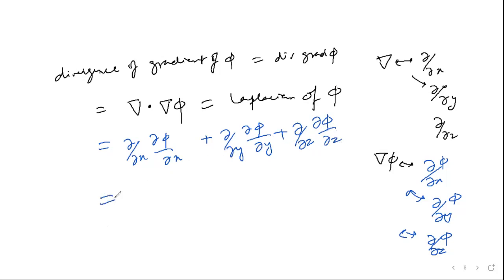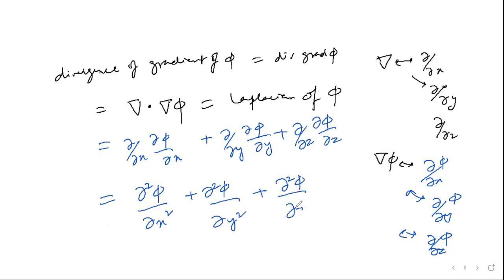It is simply second order derivative of phi. It is written as dou 2 phi by dou x2 plus dou 2 phi by dou y2 plus dou 2 phi by dou z2. This is written as del square phi.